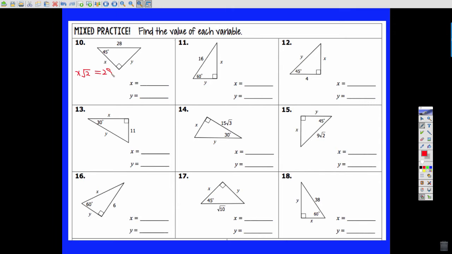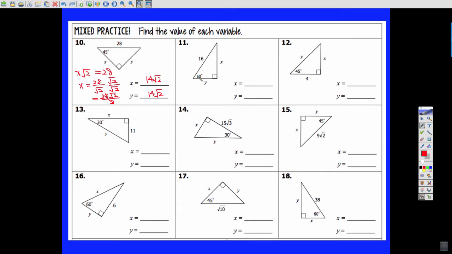And since I know my hypotenuse is 28, I just use 28 divided by root 2 on the other side. And if you simplify it, you should have 28 root 2 over 2, and you cancel that, you should have 14 root 2. And because it's an isosceles right triangle, x and y are the same.